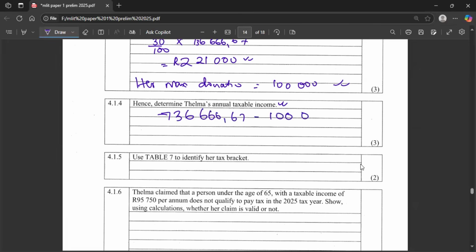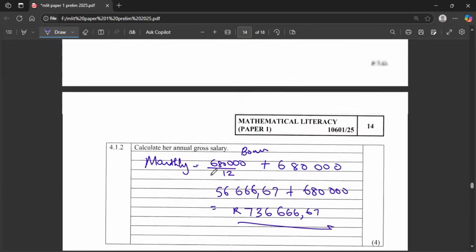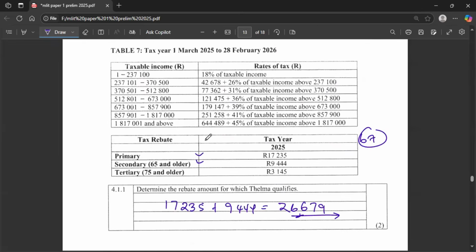And then let's subtract the 100,000 for the donation. Meaning that this is going to be 636,666,67 rand. So this is the annual taxable income. Okay. Then next, they want us to identify the tax bracket. So 636 is in which tax bracket?